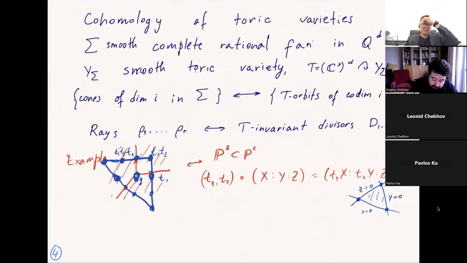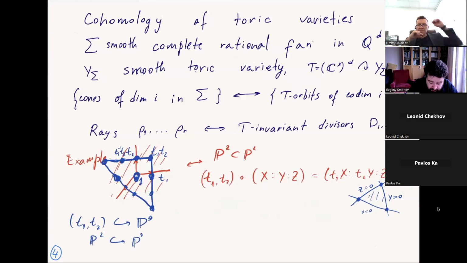So this gives me an embedding of my torus (T1, T2) into, in this case, a 10-dimensional space of homogeneous coordinates. This is P9. So this is P2 embedded into P9.